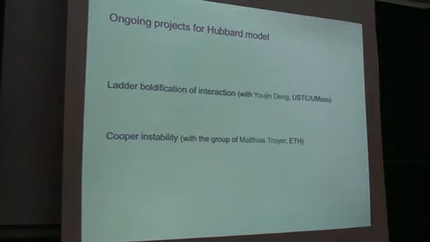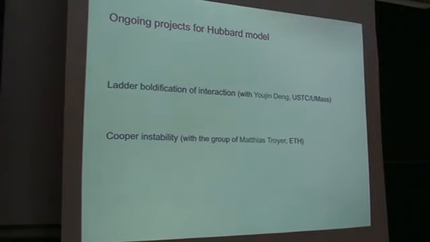For these skeleton diagrams, there is a convention to represent them with bold lines. And we have already completed the boldification of interaction. Because remember, I was showing you only small enough interaction, like U over t equals 4. If we go to higher values of interaction, we have to go to higher and higher orders of expansion, and we cannot afford it with this type of approach.